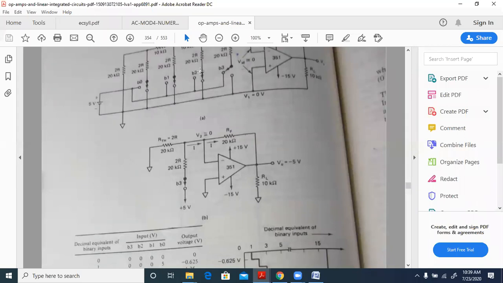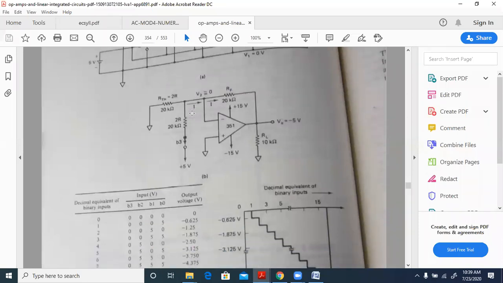If you have a lot of variation, then the current will be too low at one resistor and too high at another. Whereas here it might not be the case. Current flowing through all the resistors will be either half or double of that. So accuracy will be better here.